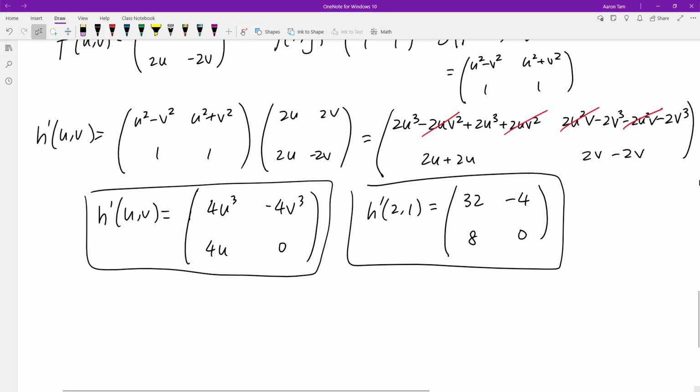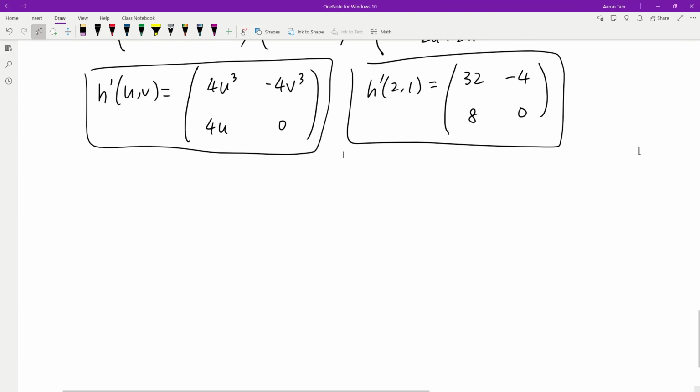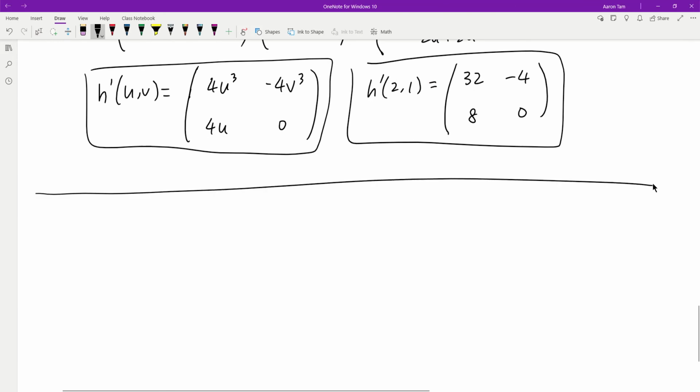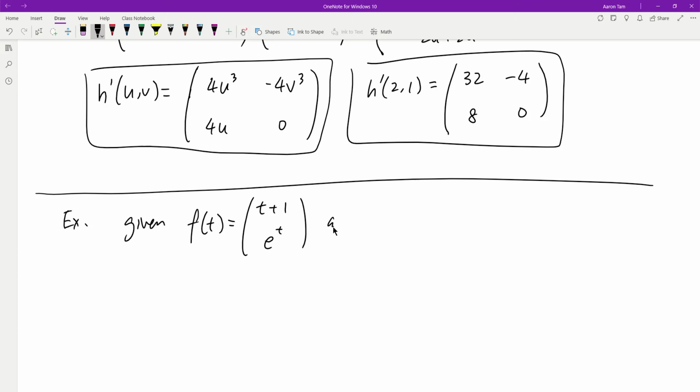Now, it looks like I probably have time to do just one more example with you, and that will probably be the end of today. So how about we have this? Let's say given f of t is equal to (t plus 1) e to the t, and let's say g of uv is equal to u squared plus v to the third, e to the uv.